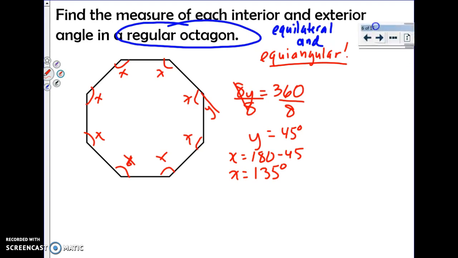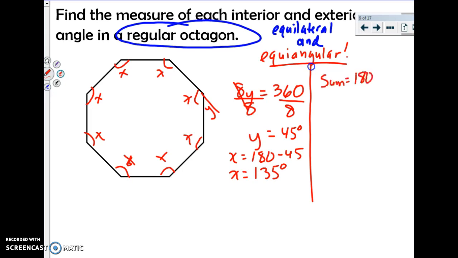But let's solve this a different way by using my interior angle sums just so I can have a lot of practice. So I know my total sum is going to be 180 times 8 minus 2. And 180 times 6, I should have all these memorized by now, is 1080. So that's the total sum, right?